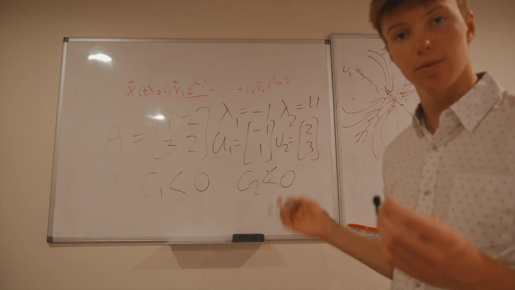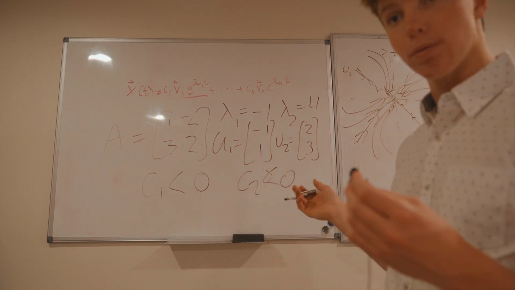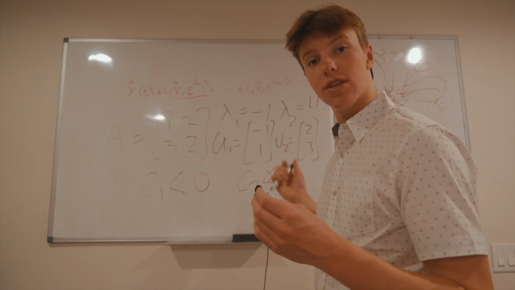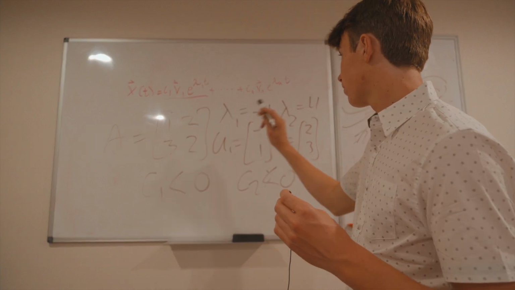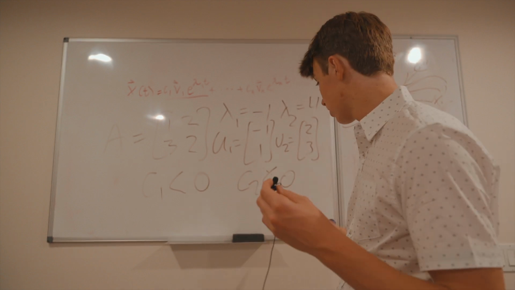So this is what it would be like if both were negative. It would be the opposite if both were positive. But this is the gist of graphing differential equations when you've solved it for all of its eigenvalues and eigenvectors.